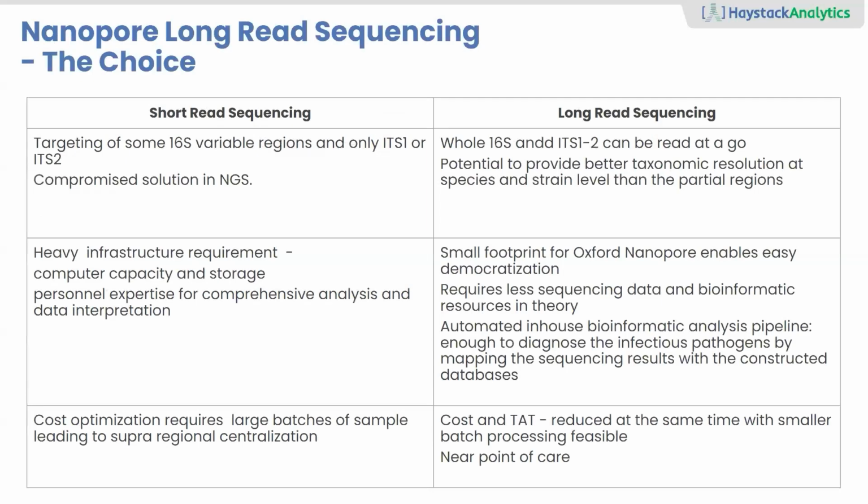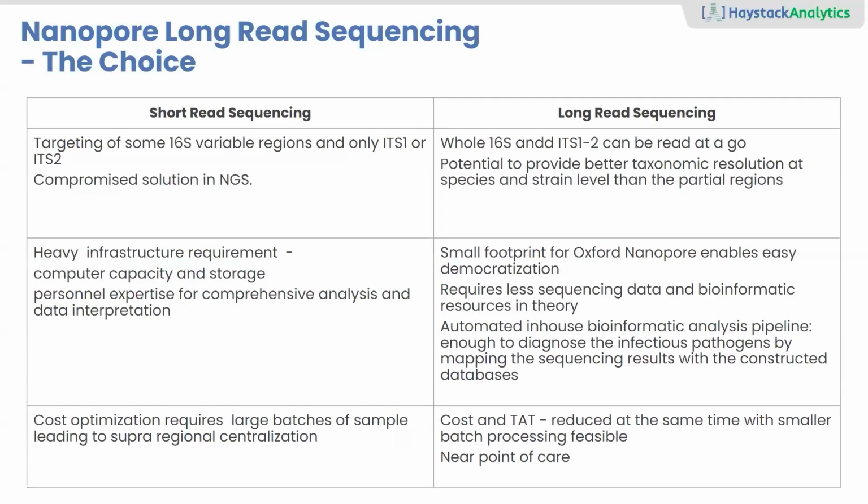So if you see nanopore read sequencing, the choice is short read sequencing and long read sequencing. Short read sequencing basically targets some of the 16S variable regions and only ITS1 and ITS2. Whereas with long read sequencing, the whole 16S and ITS can be read, with the potential to provide better taxonomic resolution at species level.